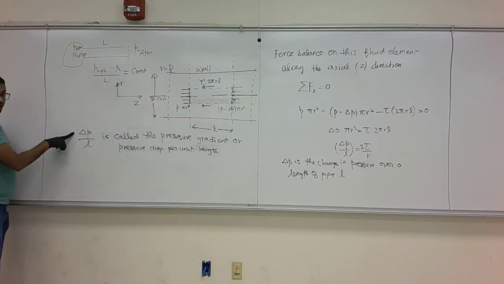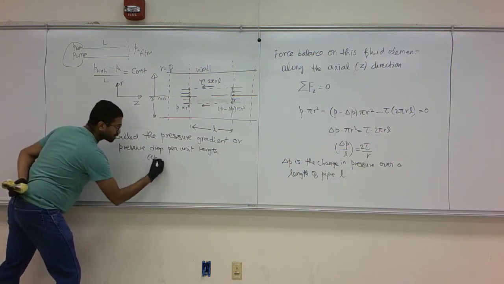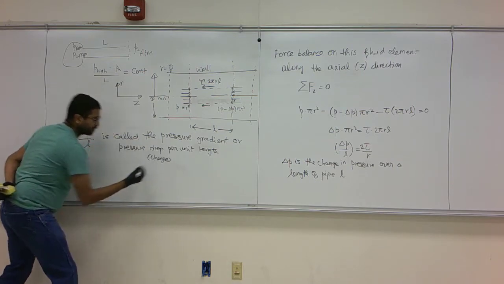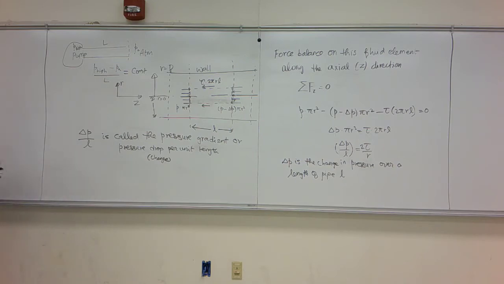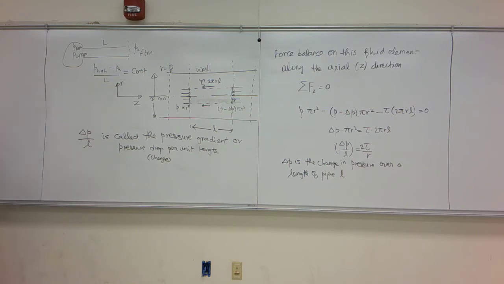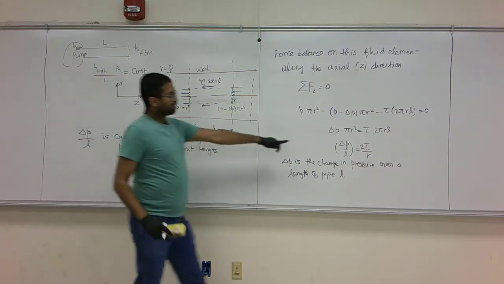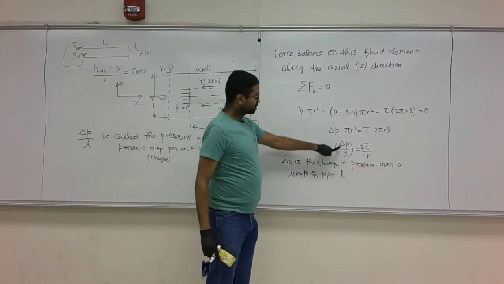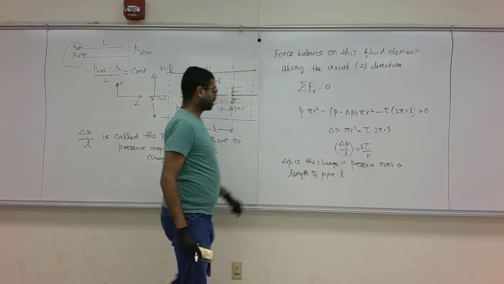It is the pressure drop, pressure change per unit length. We don't say pressure change, we say pressure drop because we know the pressure always drops, it never increases. So it's pressure change per unit length. This quantity is independent, it's a constant, we'll treat it as a constant.